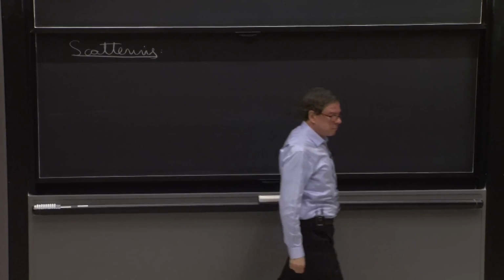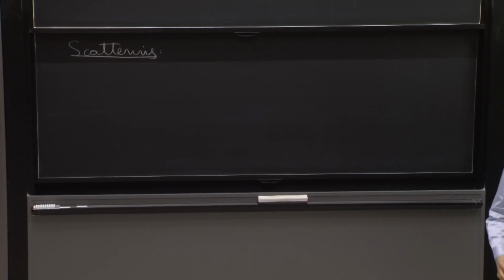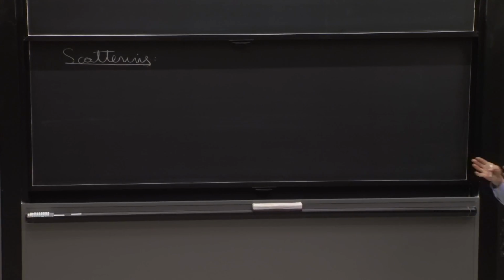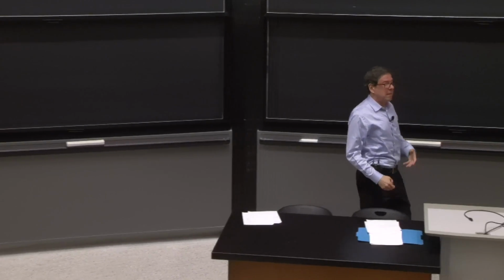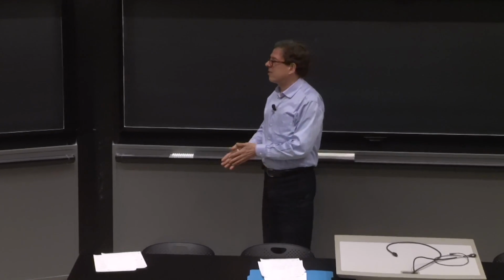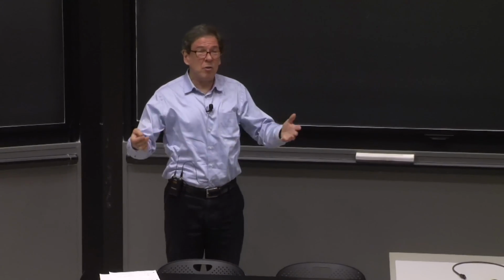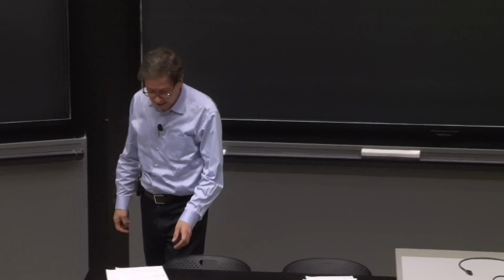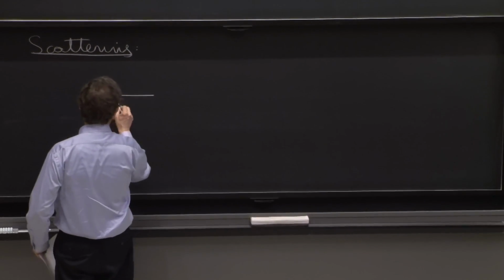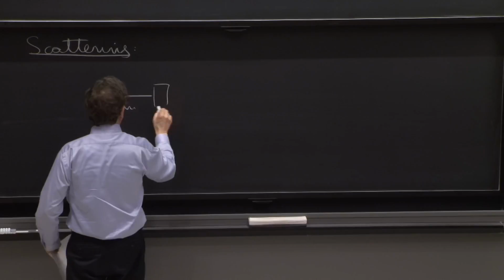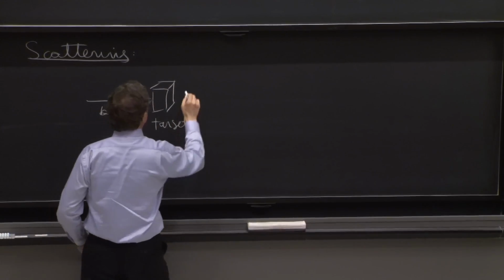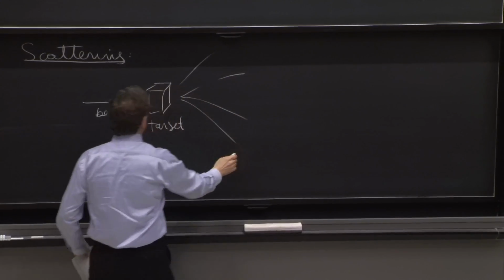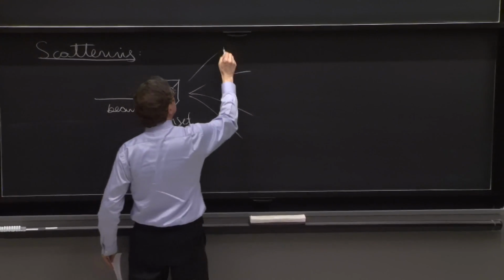And in general, you have a beam of particles, a target, and a number of detectors. That's what happens in a big accelerator. And in general, you have such situations all the case. So a beam, some sort of target, and particles get scattered, and you have detectors.